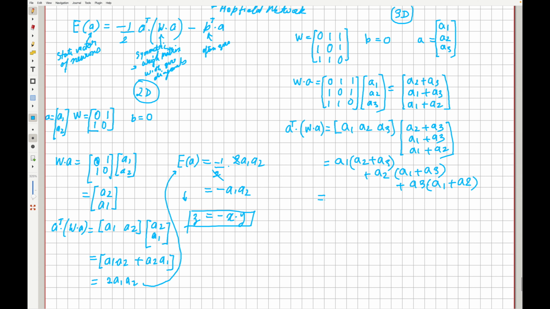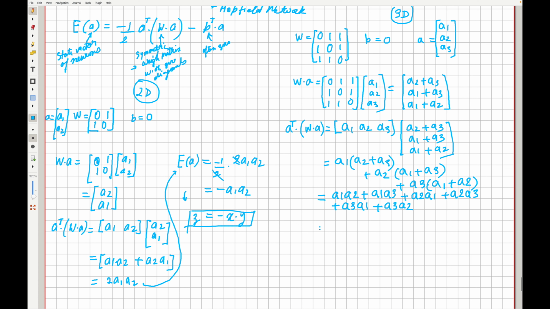Multiplying all these terms out, we get A1 A2 plus A1 A3, plus A2 A1 plus A2 A3, plus A3 A1 plus A3 A2.